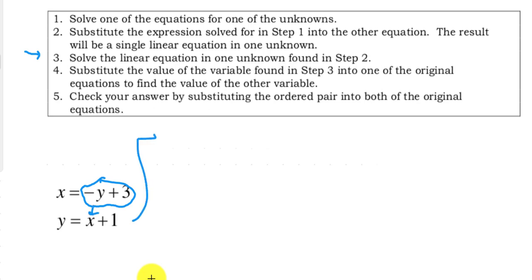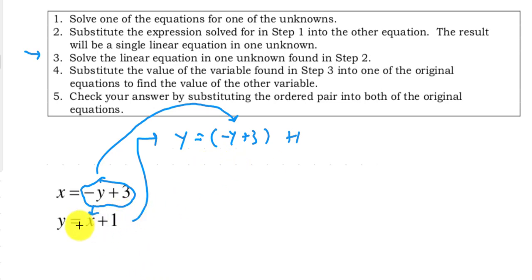So I'll rewrite this up here. y equals, instead of x, I'm going to write open parentheses, close parentheses, plus 1. Since I know x is equal to negative y plus 3, I could put in negative y plus 3.